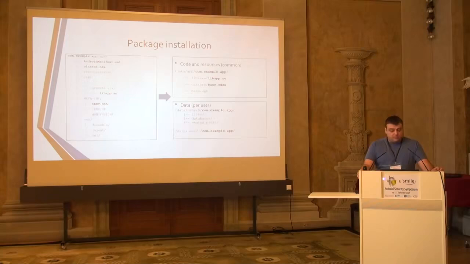If you have multiple users, this should probably be 10, not 1, because the first secondary user gets the user ID 10, but you will have a similar directory structure for other users.